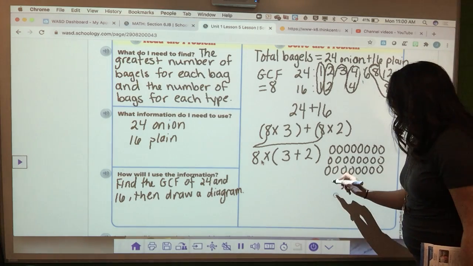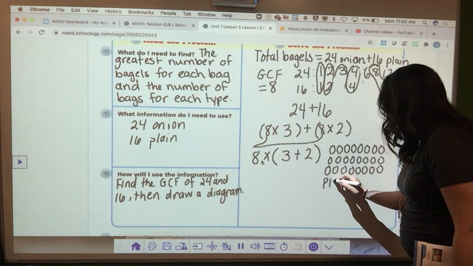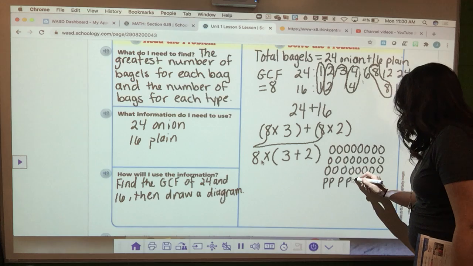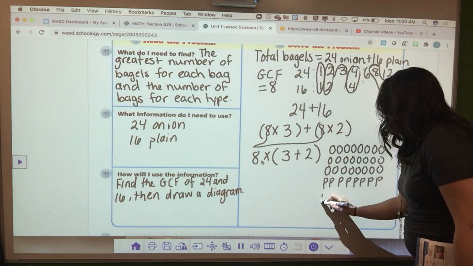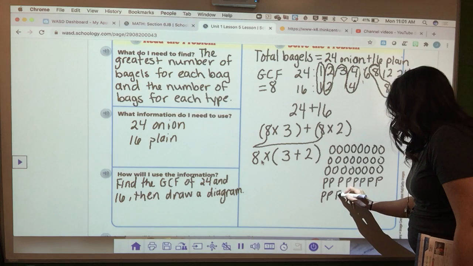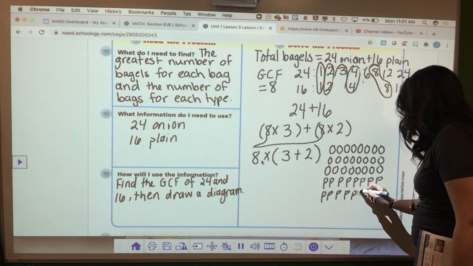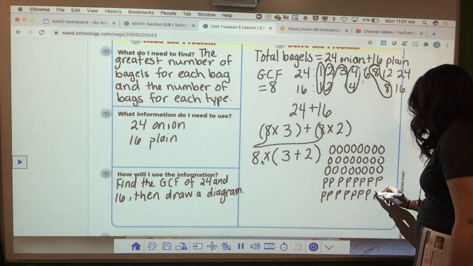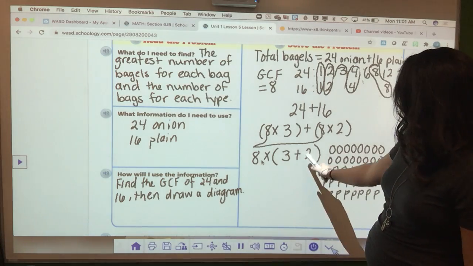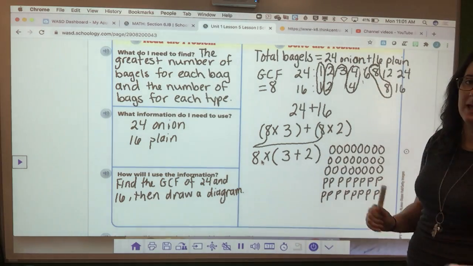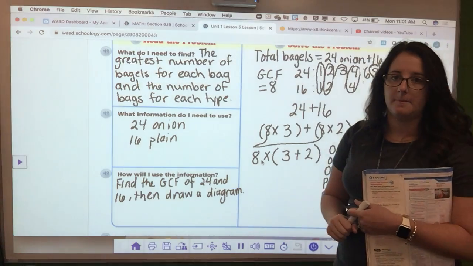Now the plain bagels will be the P. 1, 2, 3, 4, 5, 6, 7, 8. 2 bags of 8 plain bagels. 8 times 2 is 16. Okay?